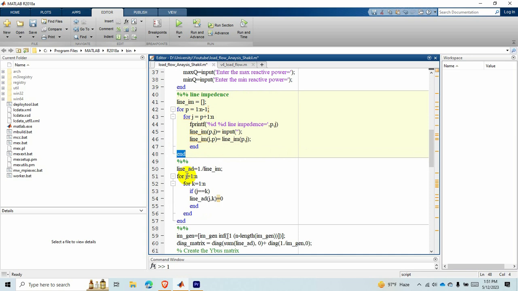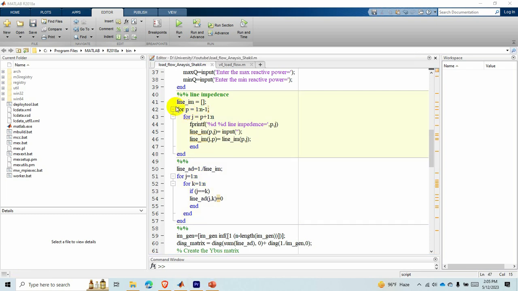After ending the loop, the line admittance will be 1 divided by line impedance. Let's understand what we have done in this section. We took the line impedance for the pj position and placed the same line impedance for the jp position, and we did not take any diagonal position line impedance.